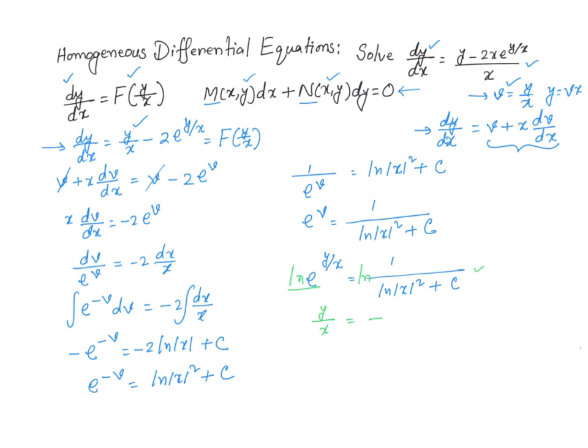So there's going to be just negative ln of, let's put it inside the square bracket, ln of absolute value of x whole square plus some arbitrary constant c, or y is equal to negative x times ln of open square bracket ln absolute value of x square plus c close square bracket.